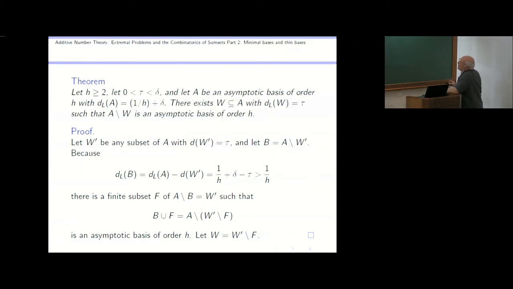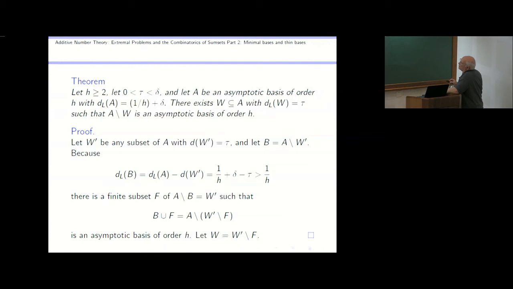If you take any subset of A of density tau, and if the set has lower density 1 over H plus delta, you can find a set with asymptotic density tau, and let B be the complement. So the lower density of B, this is a subset of this, so the lower density is just the difference.